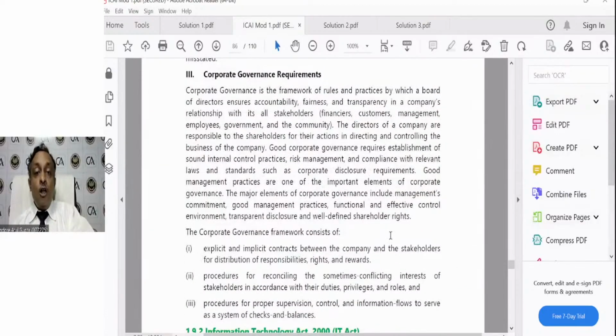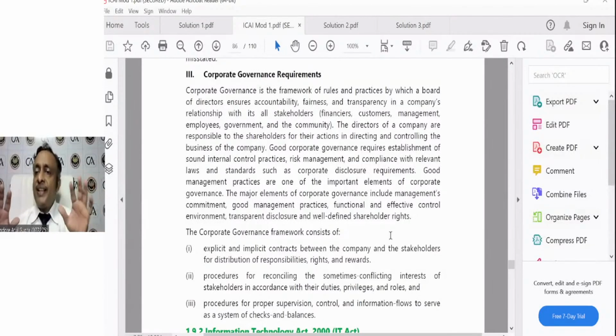Point number 3, corporate governance requirement. Now, this has become a big topic, corporate governance. What exactly is corporate governance? It is basically a framework of rules and practices by which a board of directors ensures accountability, fairness, and transparency in a company's relationship with its stakeholders.